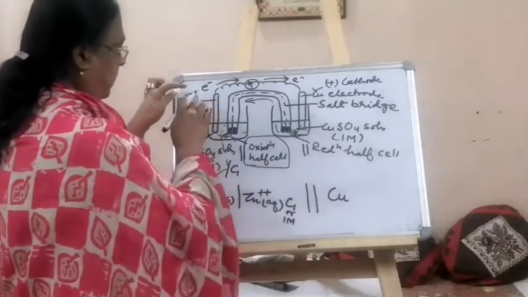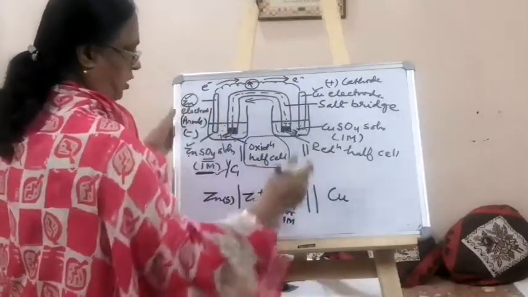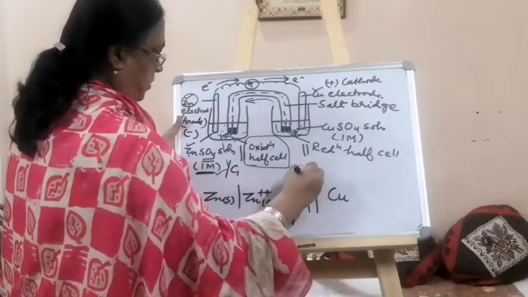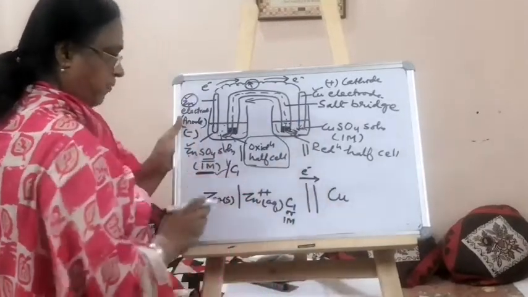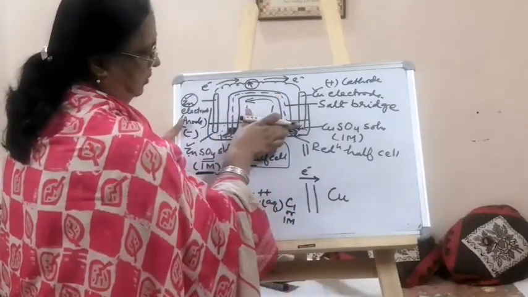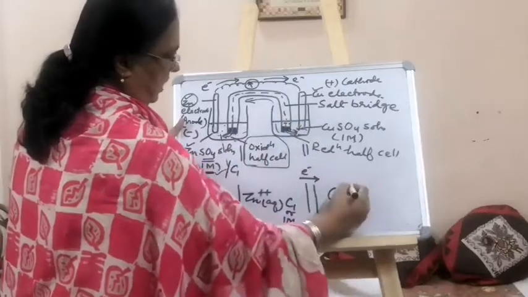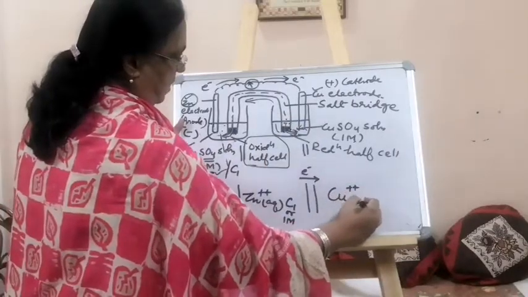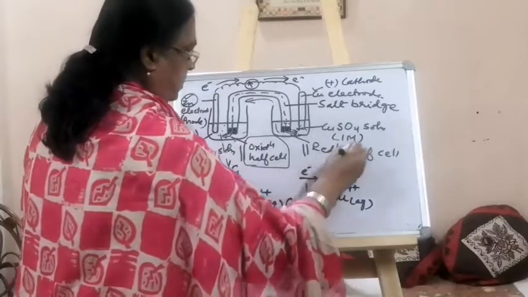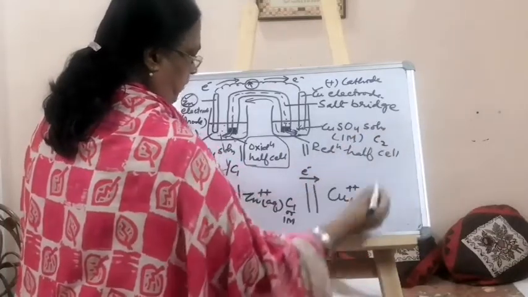Electron is flowing externally from the zinc rod to the copper, from oxidation half cell to the reduction half cell, where it is coming on the copper electrode. But what is the reaction taking place? Copper ion is in solution. Suppose this is having concentration C2 or 1 molar.